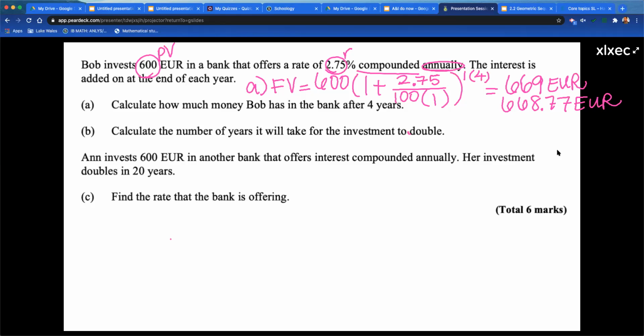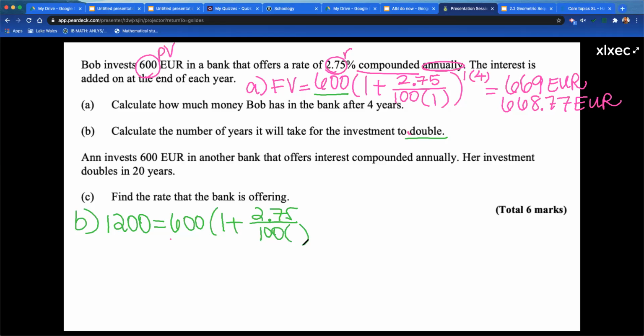The rate, the R? I'm looking for the N. So now I'm going to plug everything in. I'm going to plug in 1,200 because it's set to double, so I double my initial investment. 1 plus, well, my rate is still the same, it hasn't changed. My number of compounding periods hasn't changed either, has it?